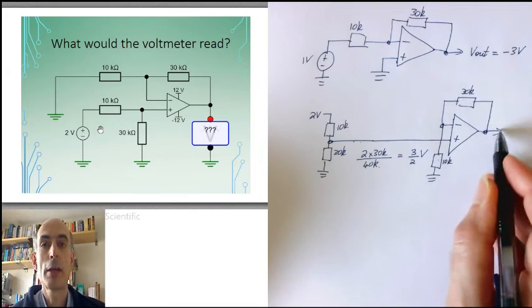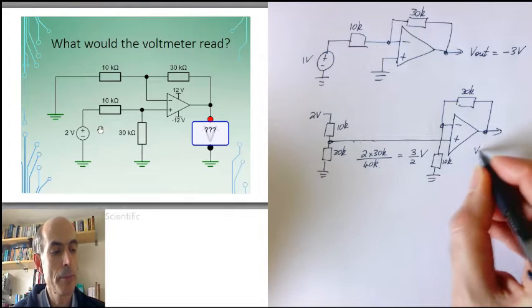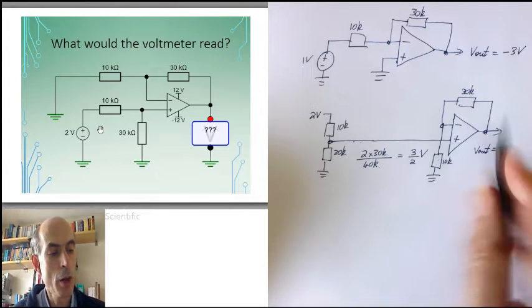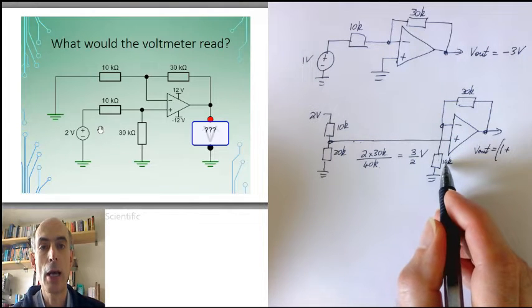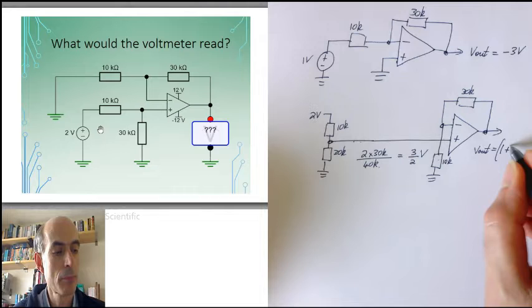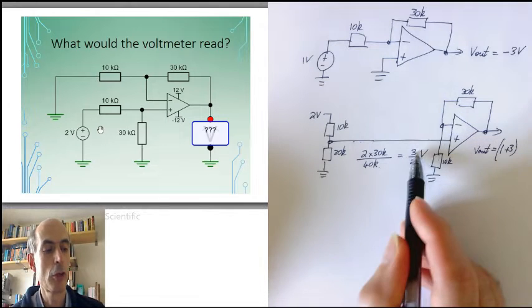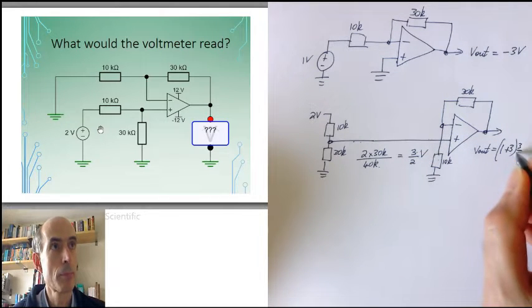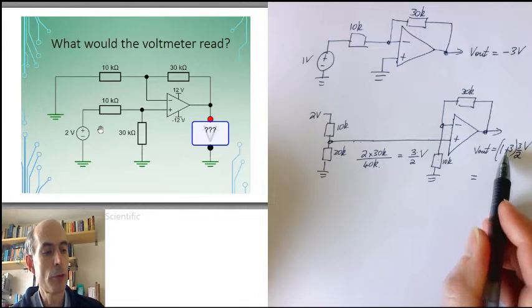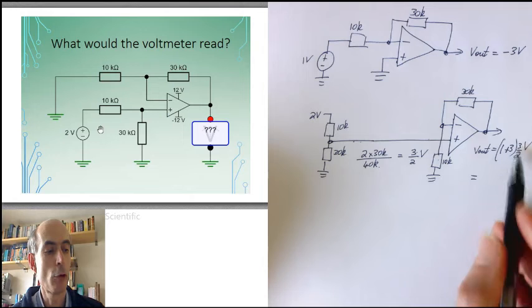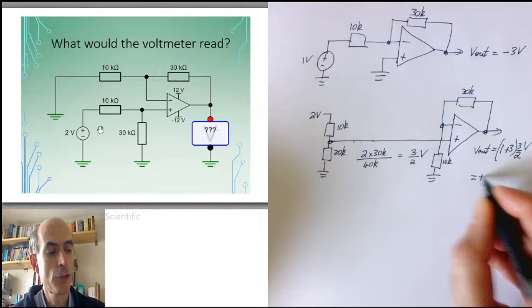So the effect on the output voltage here would be 1 plus 30 over 10, which is just 4, times the input voltage, which is 3 over 2 volts. That would be 4 times 3 over 2, which is 12 over 2, or plus 6 volts.